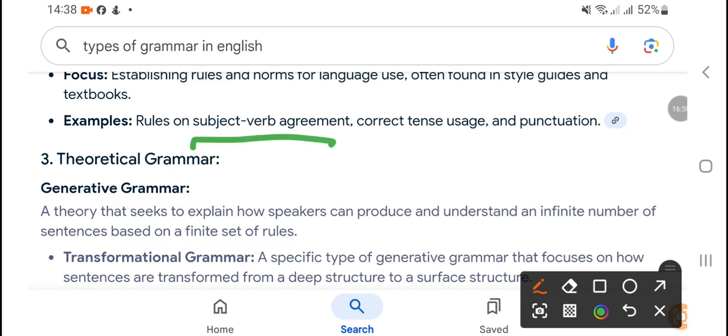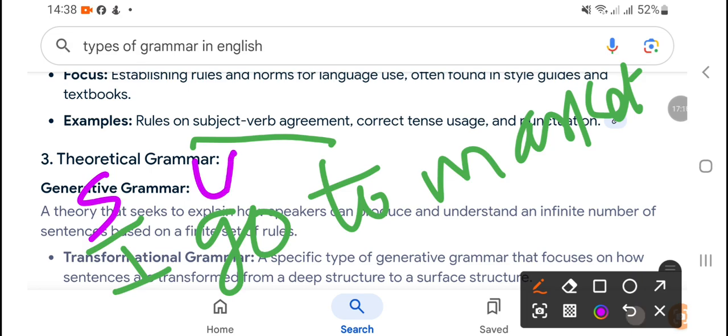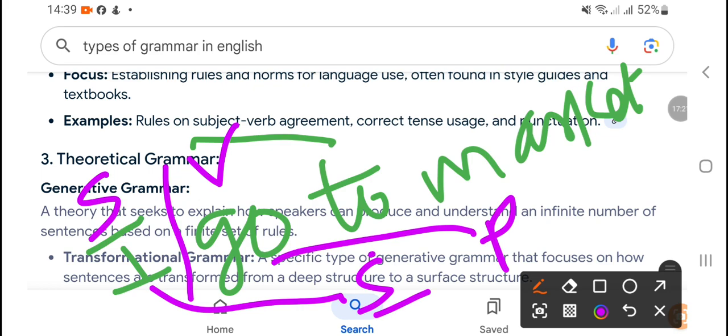Means if I say, I go to market, here I is the subject and go is the verb. I is singular, but we know that go is plural, but for I we use all the plural rules.